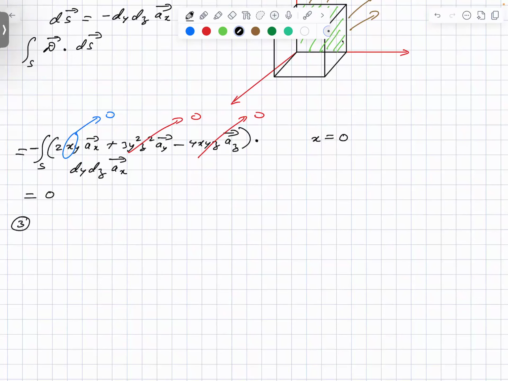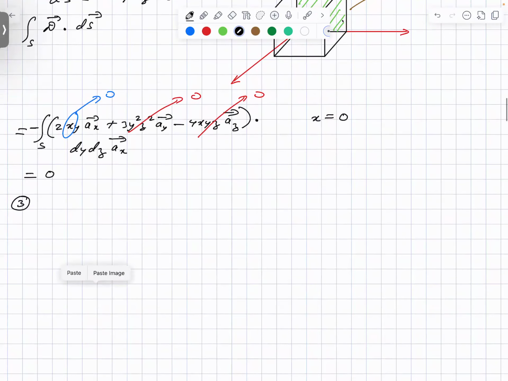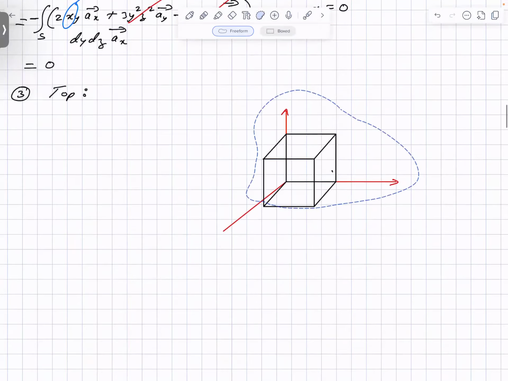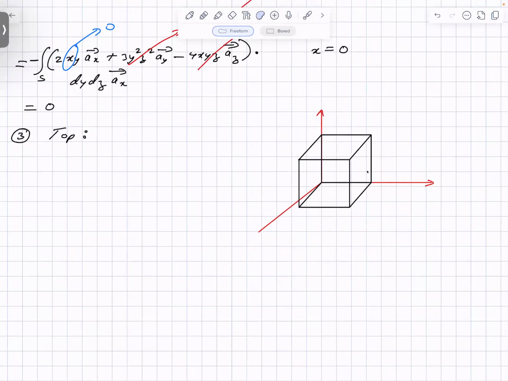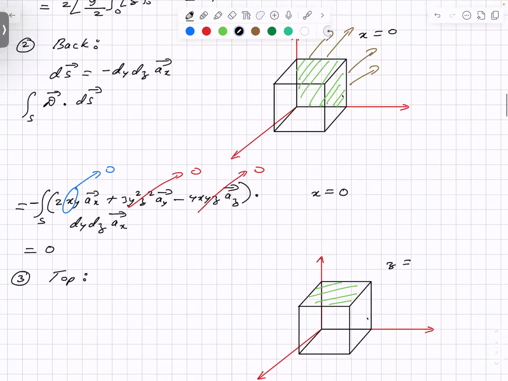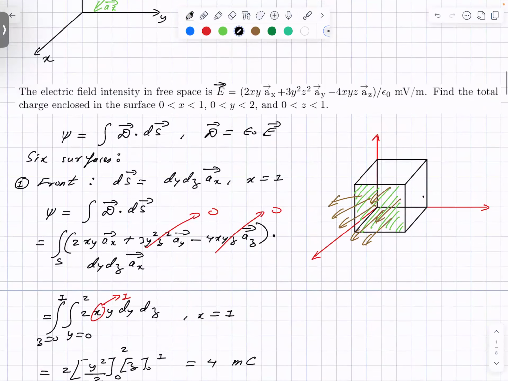Next, we will consider the top. Top surface. Now, for this surface, we have z is given, and z is given as, let me see, 1.